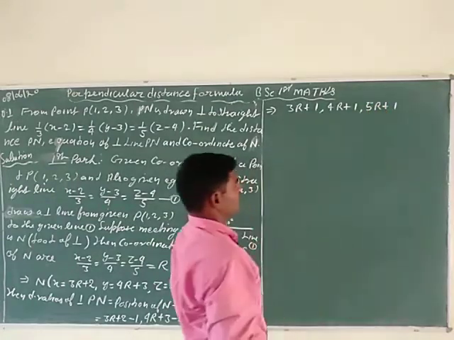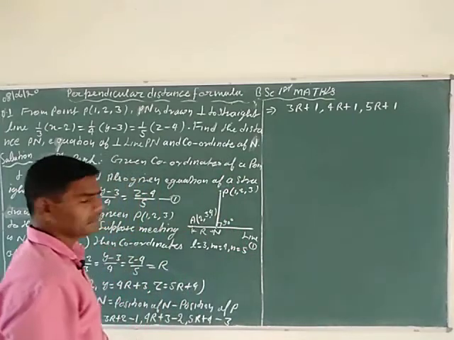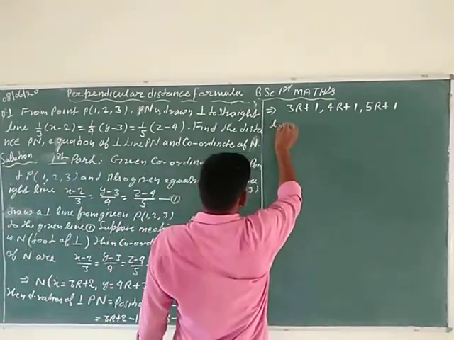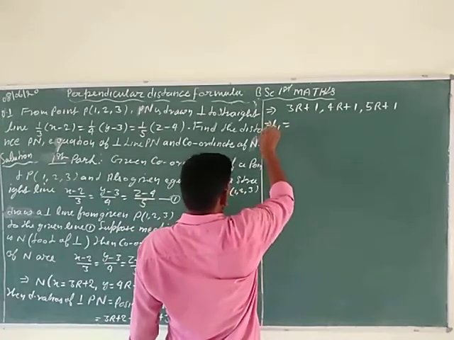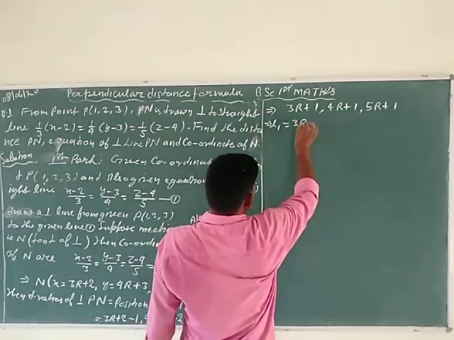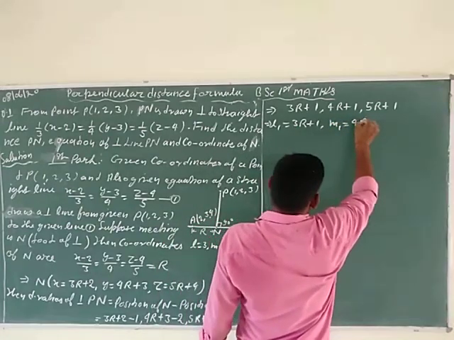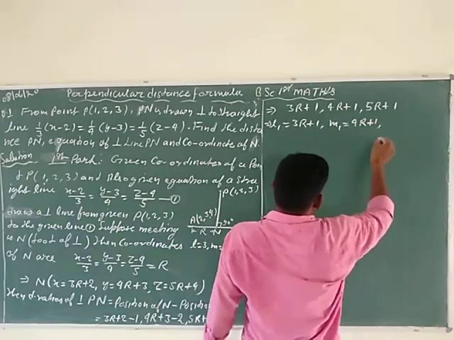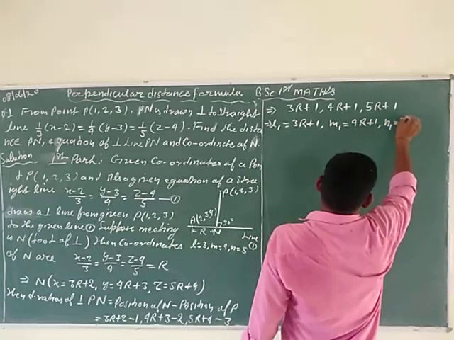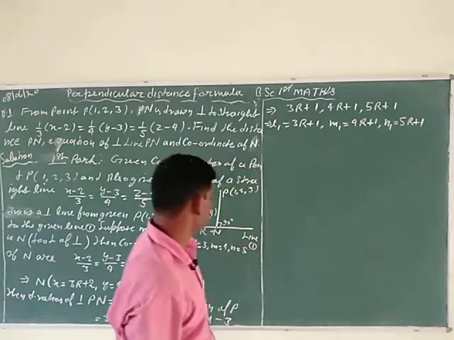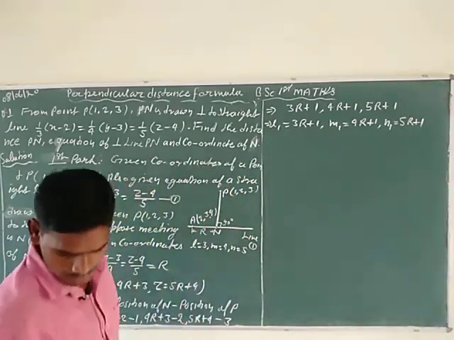These are the direction ratios of the perpendicular line PN. Therefore, they are represented by l1, m1, n1: l1 is equal to 3r plus 1, m1 is equal to 4r plus 1, and n1 is equal to 5r plus 1. These are the direction ratios of the perpendicular line PN.